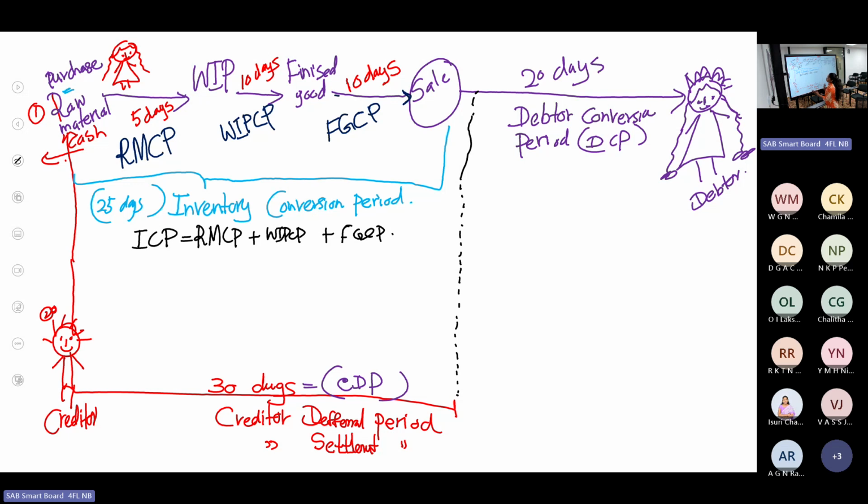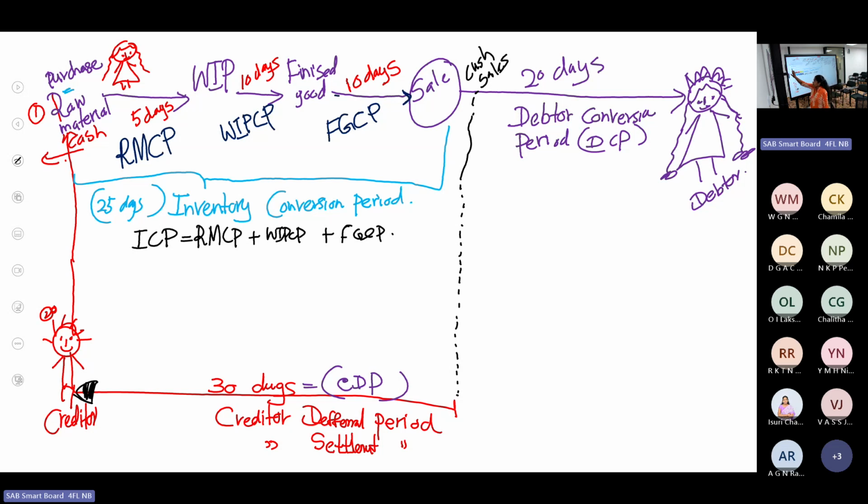Within 25 days the particular raw material is converted to sales, but in the normal sense, sometimes creditors are not waiting for the cash until the companies realize their cash sales. So within the time period they made the cash sales, companies have to settle the collected balance from the creditors.